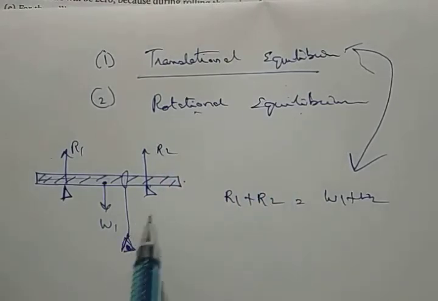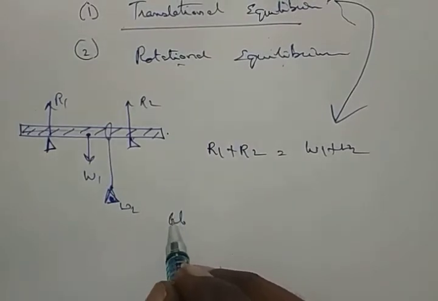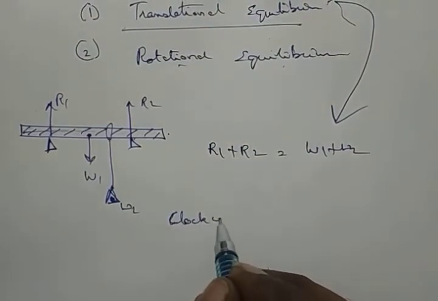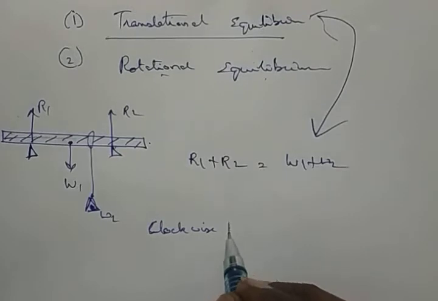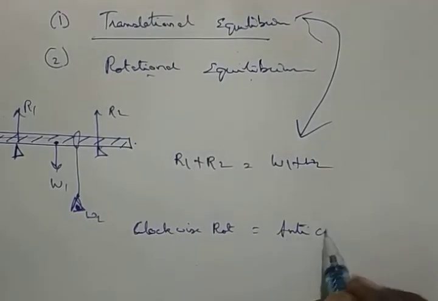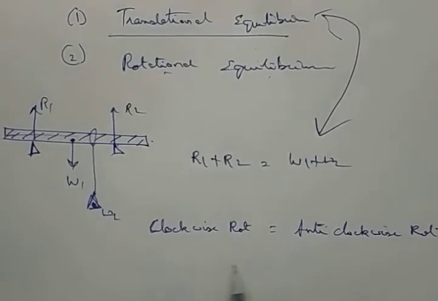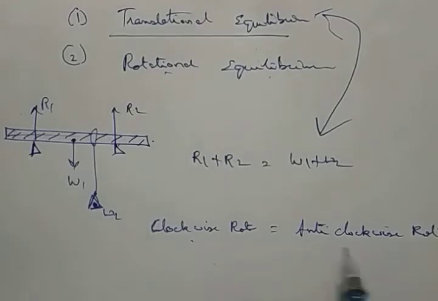When it could be a rotational equilibrium is when the clockwise rotation should be equal to anti-clockwise rotation. Now you can ask, sir, what is clockwise rotation, what is anti-clockwise rotation?